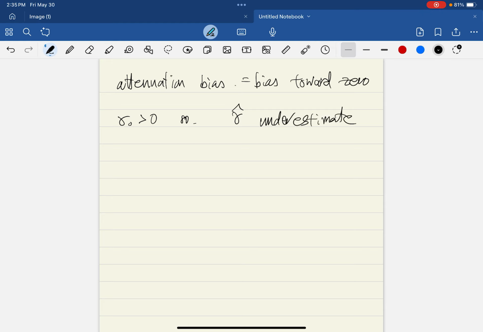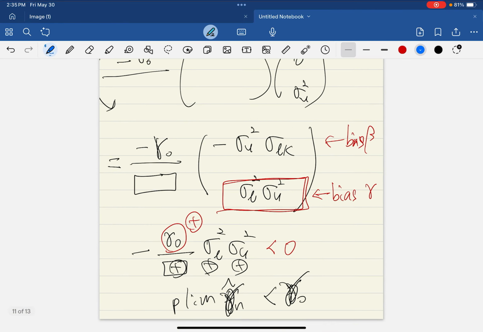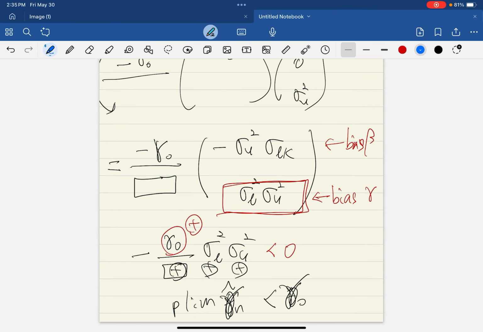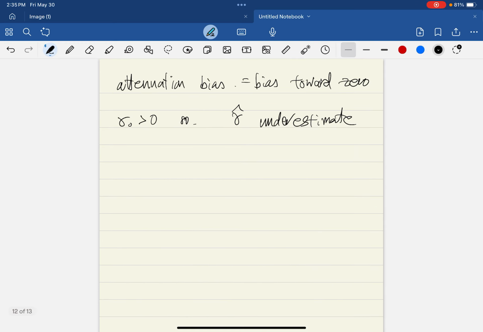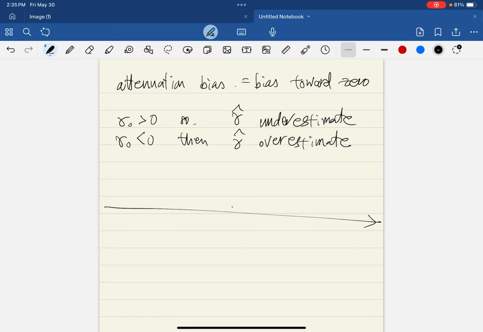Okay, but now let's think about gamma is negative. If gamma was negative, the bias will be positive. So what that means is if gamma was negative, then gamma hat will be overestimating, right? So that means if you think about 0 here, if gamma 0 was here, then your estimator will be underestimating like this.